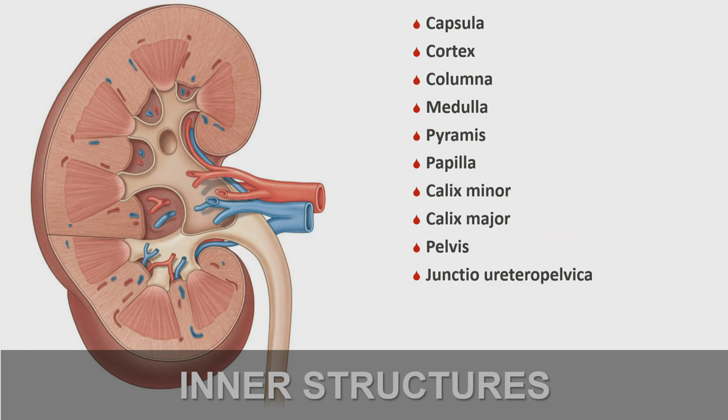In the structure of a kidney, the kidney contains two kinds of tissue. The capsule is outside, and below the capsule we have one parenchymal part which is called cortex and columna. Cortex and columna contain glomeruli.